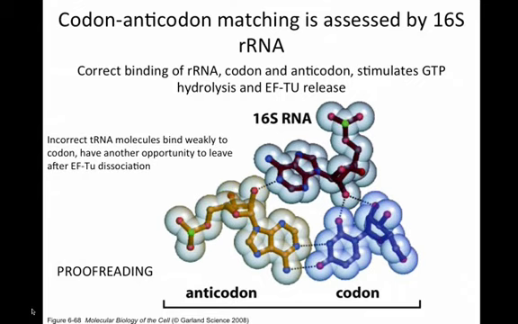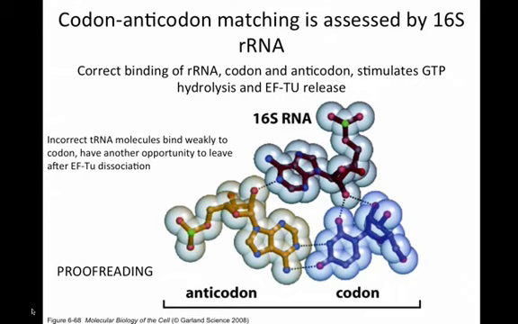And if it's binding correctly, then it's going to stimulate GTP hydrolysis and EF-Tu release. Does that make sense? Yeah. It's kind of cool that it's actually a part of the ribosome that's also helping to check the accuracy.